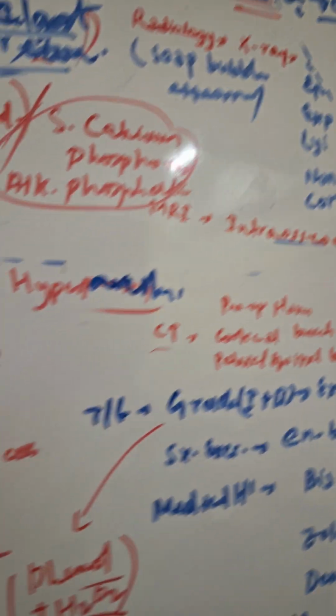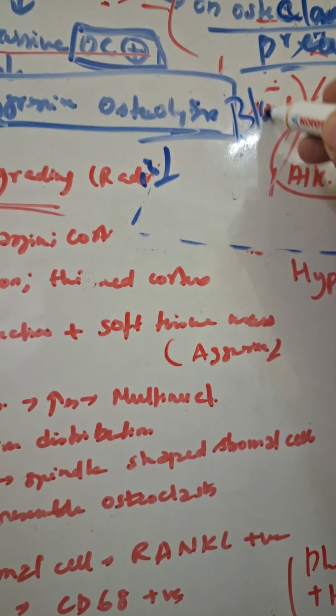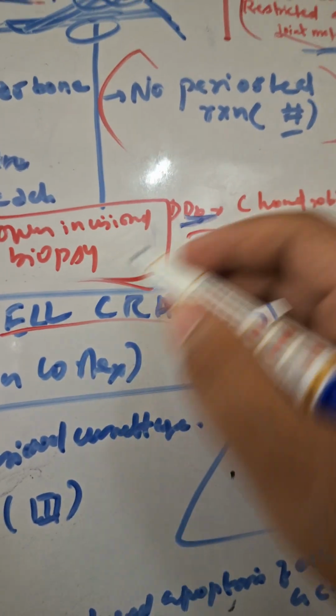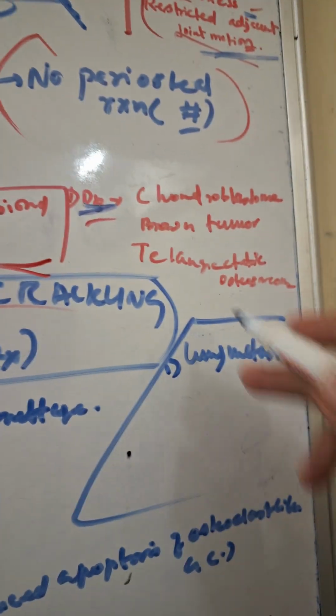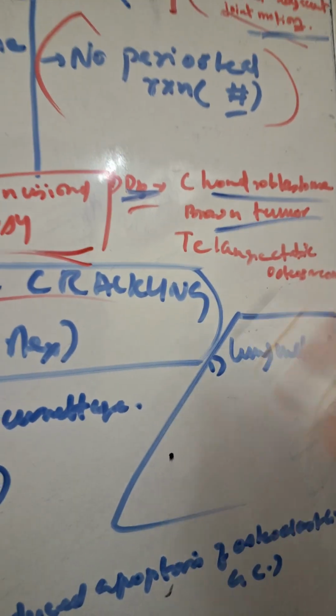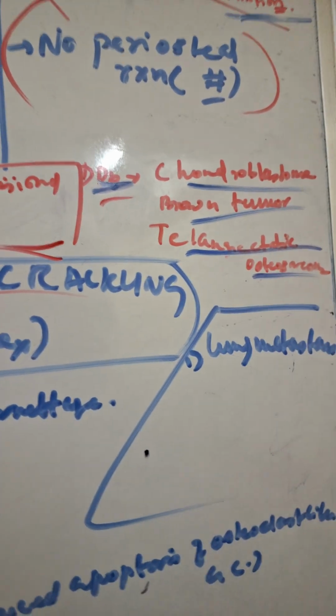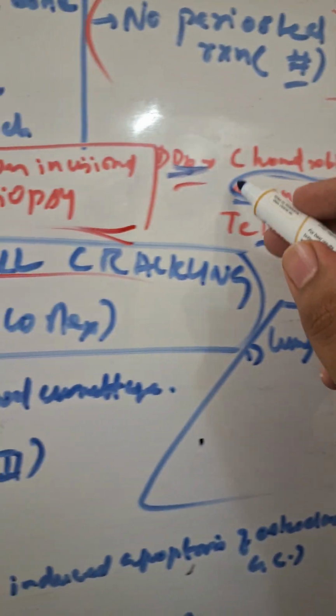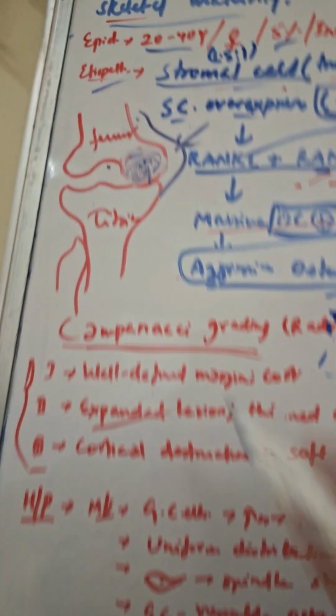Now coming to the investigation. Remember, blood investigation is always important. Why? Because in giant cell tumor, the differential diagnoses we think of can be chondroblastoma, brown tumor, and telangiectatic osteosarcoma. In brown tumor, if you take a biopsy, you can't differentiate whether it is a brown tumor or not.